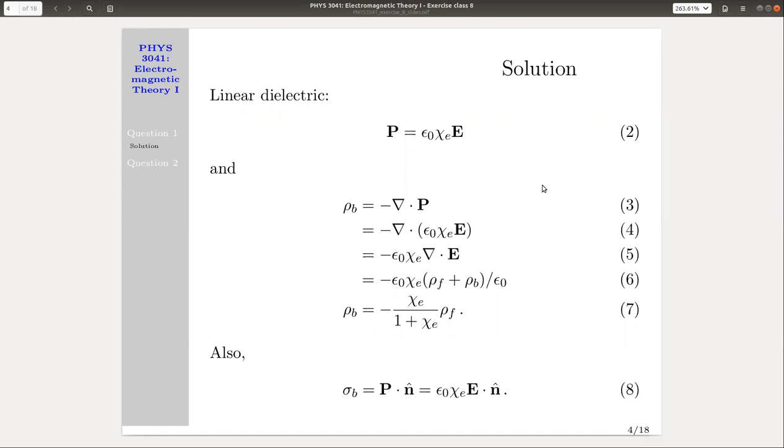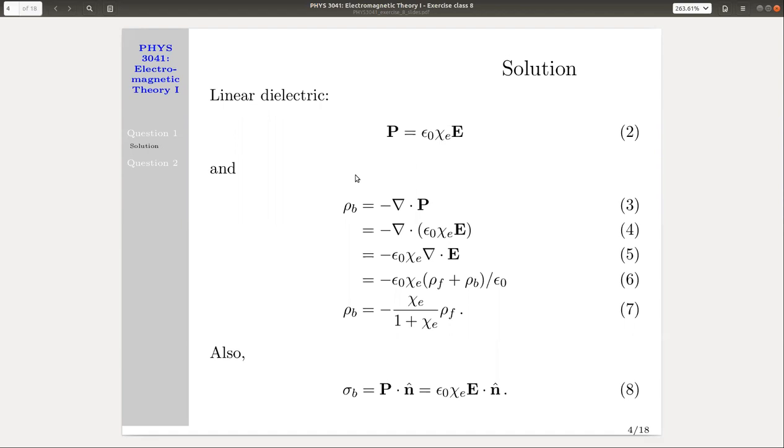Here we have a linear material, which means the polarization and the electric field are proportional to each other, and their relationship can be quantified using these expressions, which relate them by a linear equation. The proportionality constant is, by convention, epsilon naught, and also the susceptibility, chi e here.